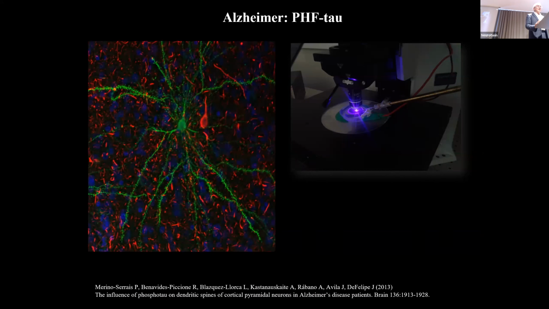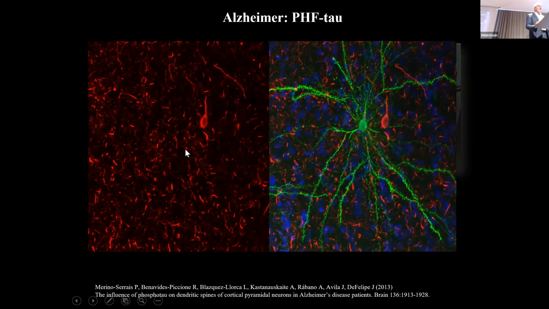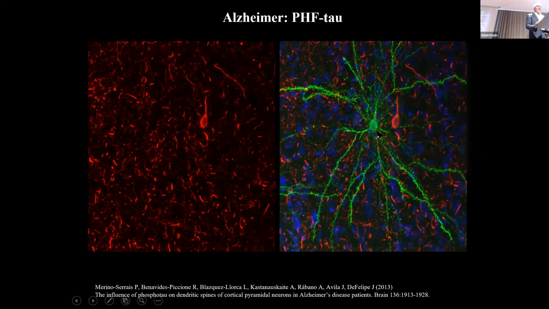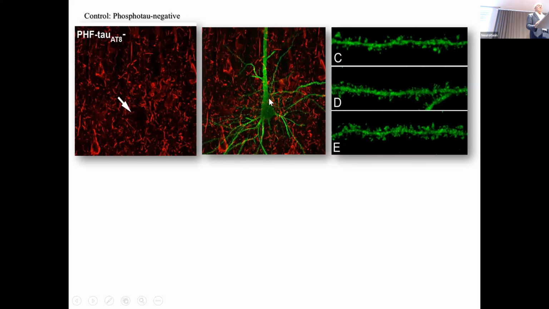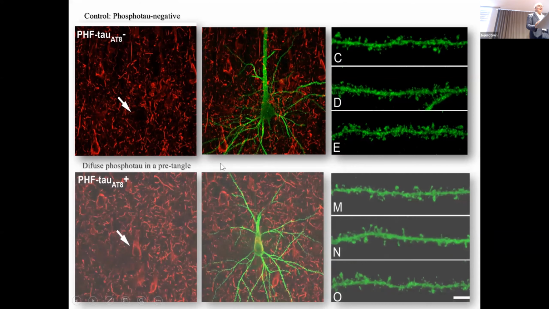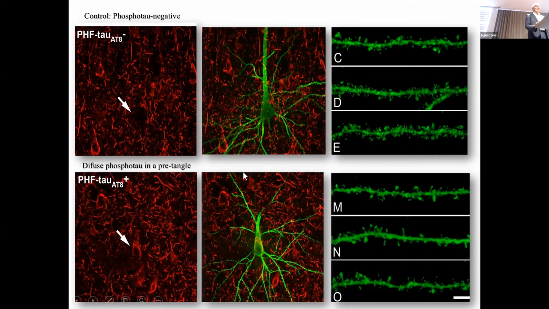When we combine the intracellular injection with tau, we can see that this neuron is tau negative. So we can compare tau-negative neurons, which are control neurons, with neurons that have tau in a early stage, because neurons, when they start to be damaged, go through an early stage and then a later stage. And in the early stage, there are no changes in the number of spines.